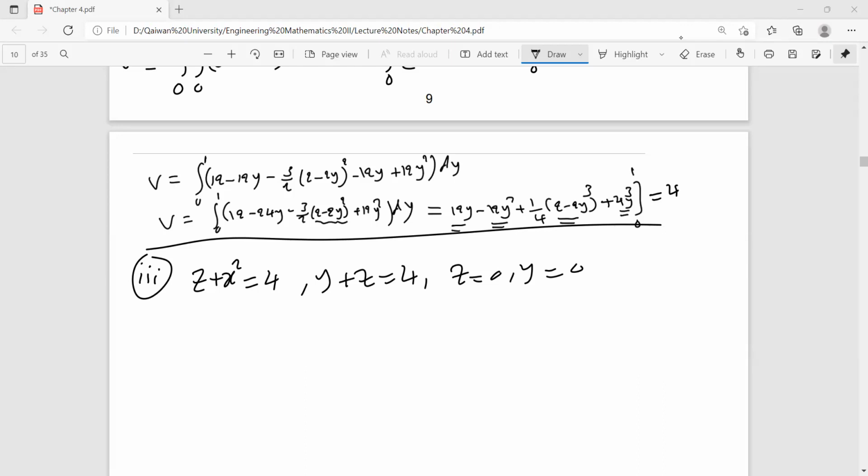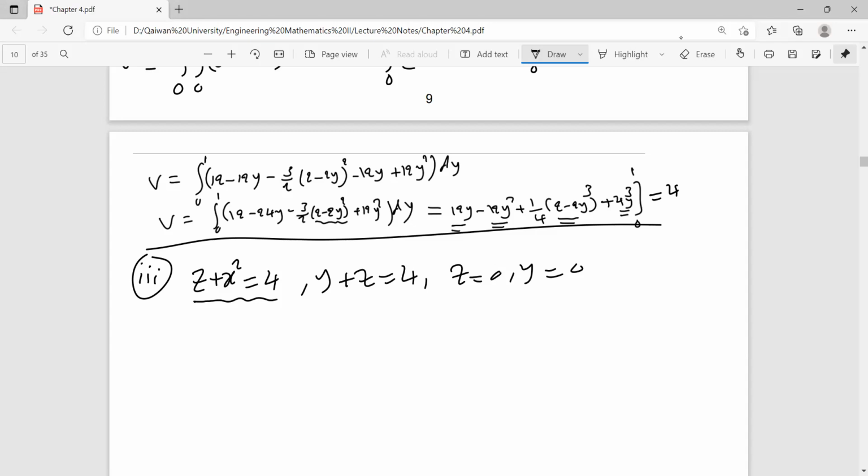Here, the lower bounds for y and z are given, so you just need to find the upper limits. And for x, we have nothing. We have neither a lower limit nor an upper limit. But here we are given that z is 0, and we have x in only one function, which is z plus x squared equals 4.